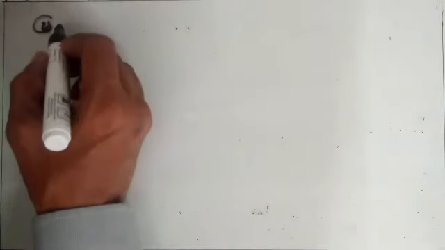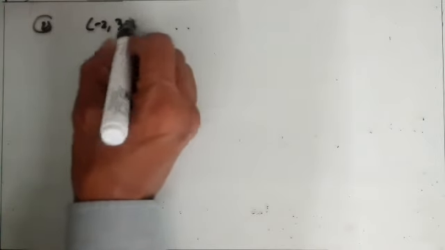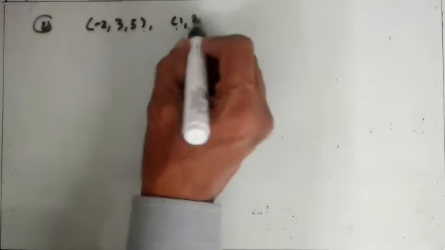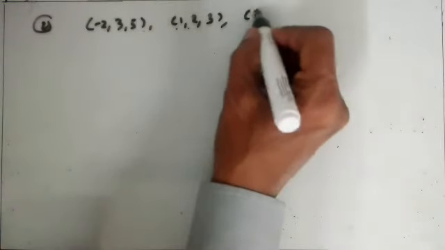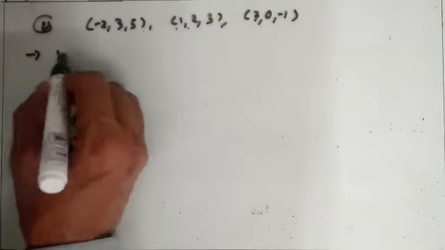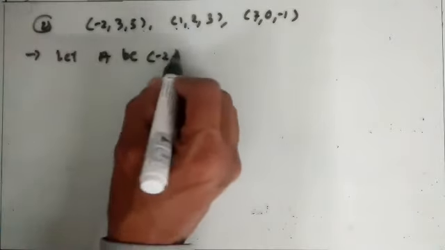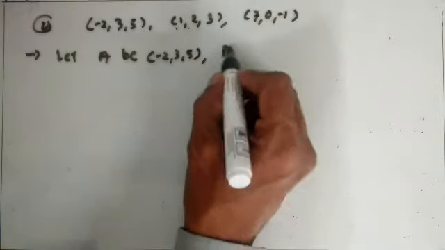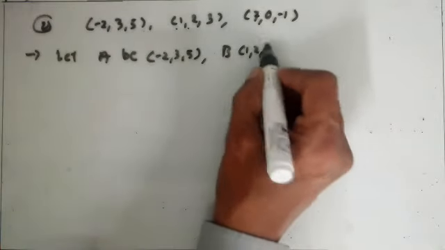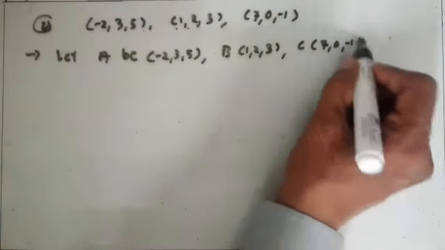Now question number 2. Show that points minus 2, 3, 5, 1, 2, 3 and 7, 0, minus 1 are collinear. First denote all points by A, B, C. So let A be minus 2, 3, 5, B 1, 2, 3 and C 7, 0, minus 1.